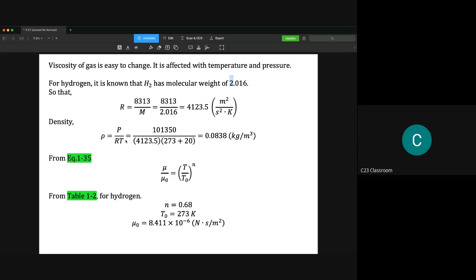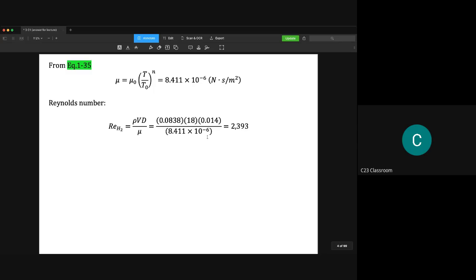Because gas is very sensitive, if you give only a few degrees Celsius, it will expand. Then we estimate the dynamic viscosity by using this equation, and we could calculate the final Reynolds number, which is 2,393.